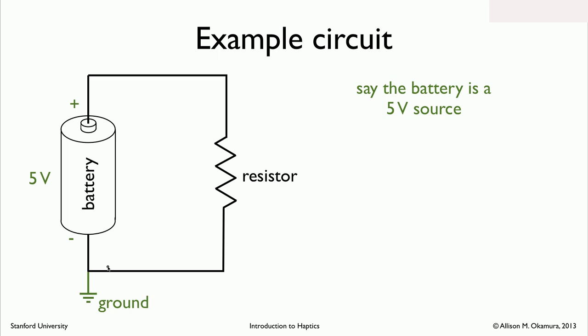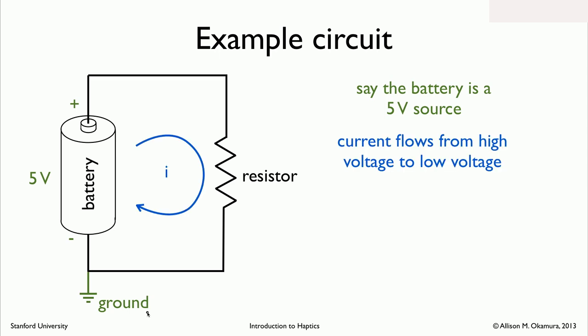And while a battery of this shape is probably typically 1.5 volts, let's just say for argument's sake that it's a 5-volt battery, and it winds up with 5 volts on the top and 0 volts on the bottom. And so I've also added a ground here just to show that I'm going to define some point in the circuit as 0 volts. Now we have our 5-volt source and we've defined our ground.